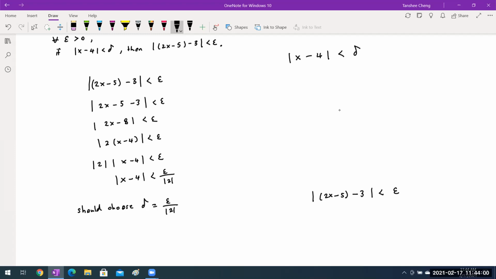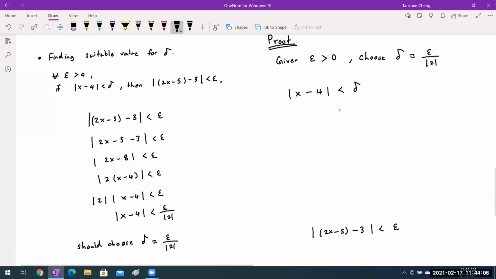So we need to do a lot of manipulations in between, from the beginning to the end.